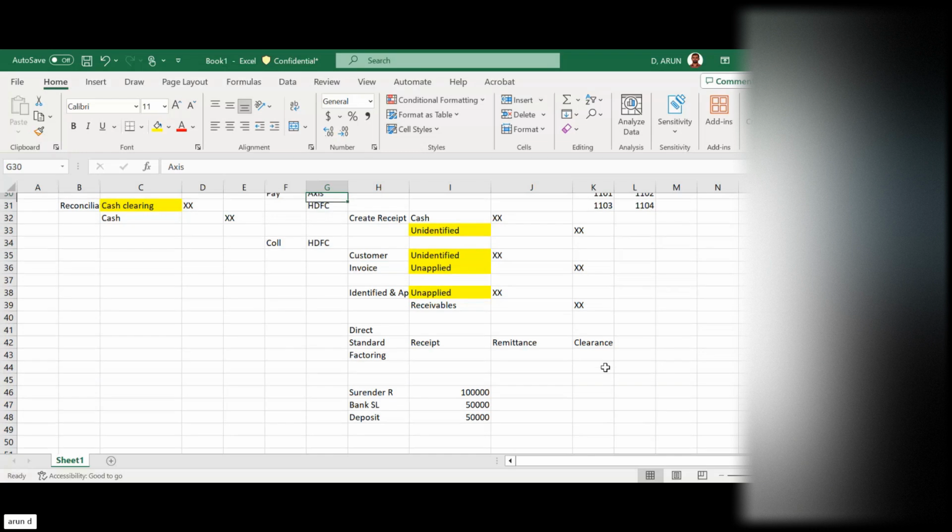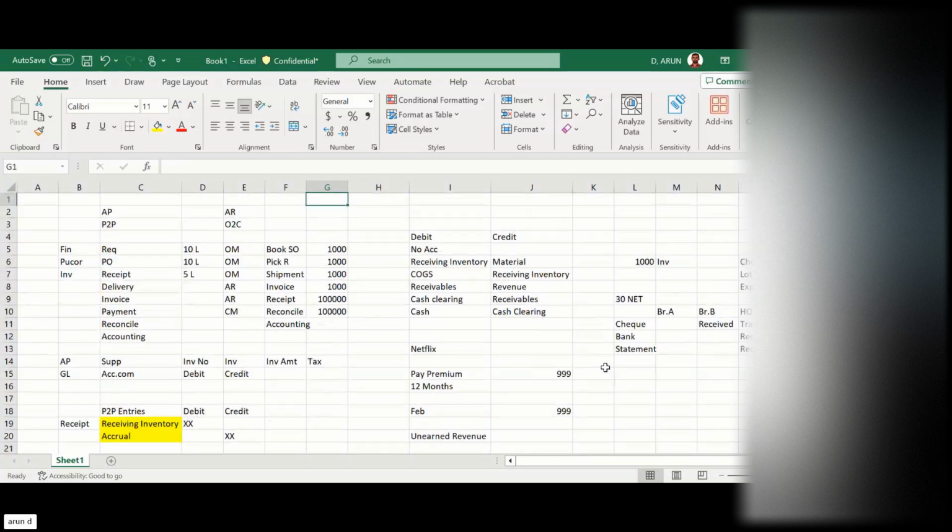Okay, if we are done with this, probably I can go to the asset accounting entries, and we will see that also. In O2C? No, not in O2C. O2C, that's it. We don't have anything else other than this. Okay, so fixed asset, you are saying now.